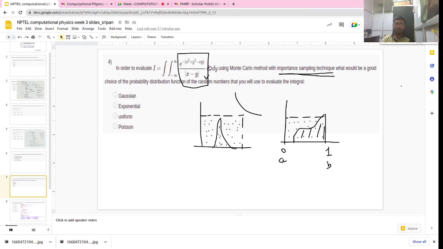Also, if you divide by exponential minus (x square plus y square), it has to be multiplied before the dx dy, and that multiplication along with dx dy will be integrated like a Gaussian term. So that will simplify this function. So Gaussian will be the correct answer for this question.